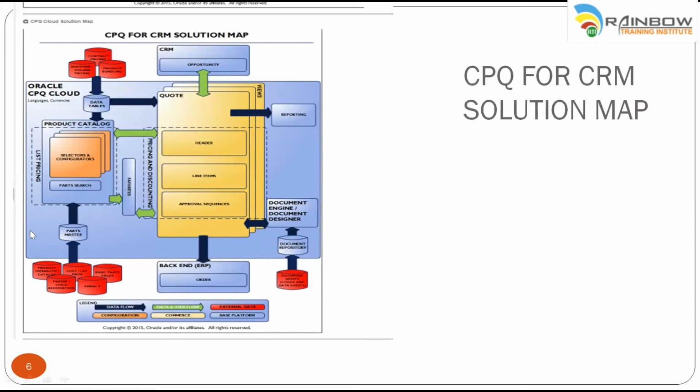Coming to the left hand side, you can see the configuration. After landing in the quotation, the salesperson needs to configure the products. For example, the particular company is selling hardware components.